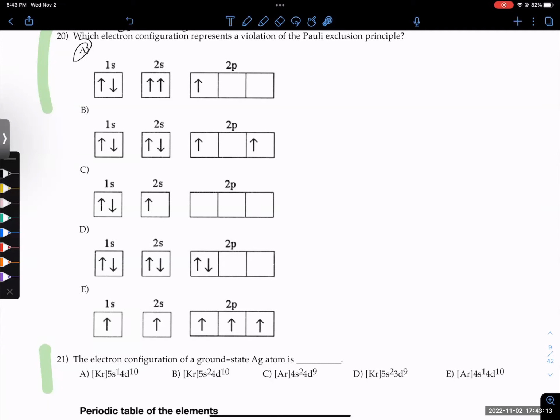It's not really right either, because the Aufbau principle states that you have to fill the lowest energy level first before you go into the other energy levels. Because the 1s you're half filling, the 2s you're half filling, you have to fill up the 1s first before you move on. Does that make sense? So you wouldn't really see this at all.